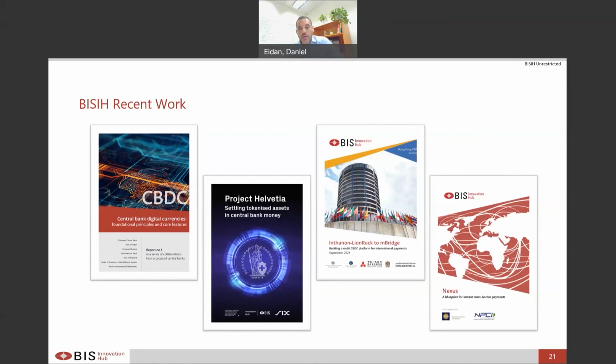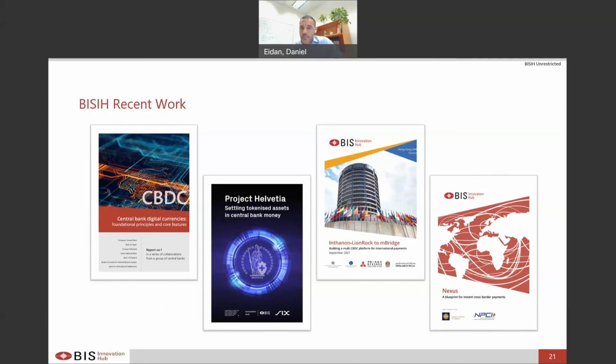That's an overview of primarily retail CBDCs and a very structured way of reasoning about trade-offs, both technical, governance, and policy. Project Helvetia is a project that came out recently out of our Swiss center, focusing on settling tokenized assets and central bank money, linking between the Swiss National Bank and the Swiss Digital Exchange, which is now getting pulled into a Banque de France project called Project Jura.